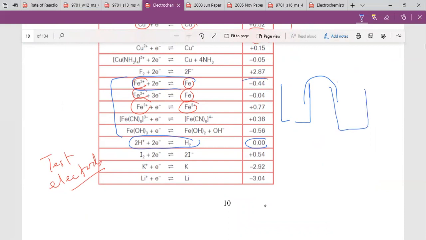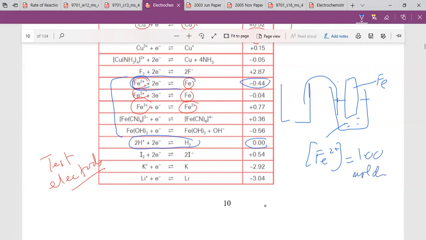Here I have iron metal, solid, and here is your Fe2+, with a concentration of 1.00 mole per dm cube. The voltage here is 0.44 V. Here negative, and here positive.